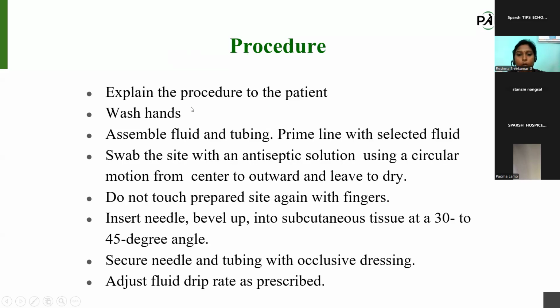Now I am going to explain the process of absorption. After the injection or administration of these fluids, the fluid initially disperses throughout the subcutaneous tissue, causing the tissue to expand. That's why the edema is occurring.